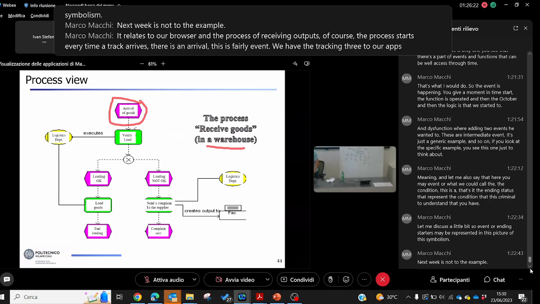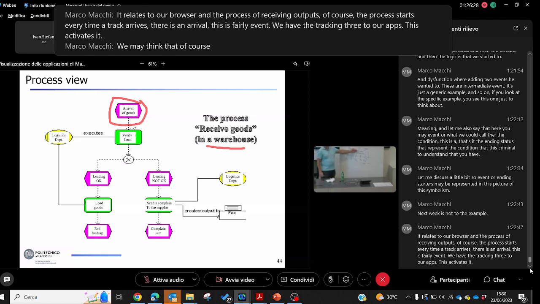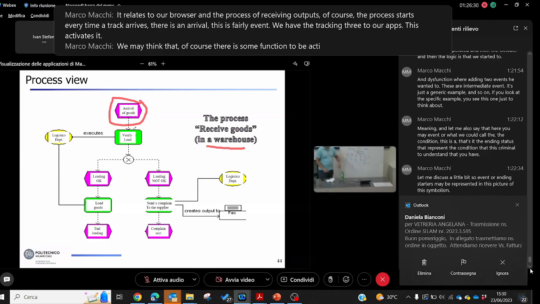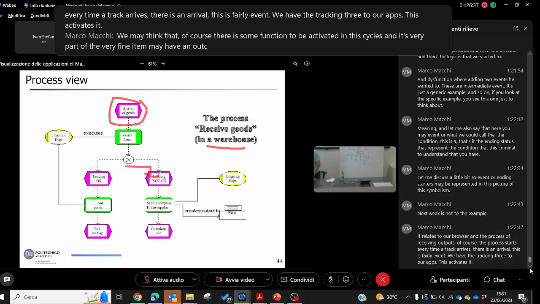After the event, there is some function to be activated in the sequence, and it's verified. The verified load may have an outcome, XOR. So the logic is exclusive, mutually exclusive, one or the other.